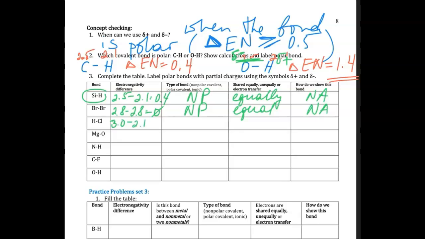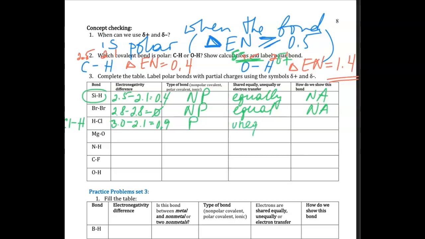The next one, hydrogen is 2.1 and chlorine is 3.0. You are always going to subtract the smaller number from the larger one. So 3 minus 2.1 gives us 0.9.